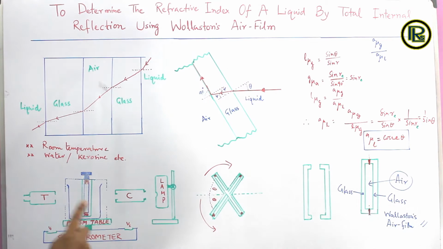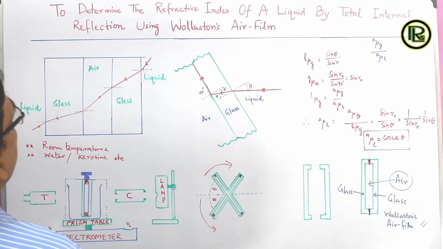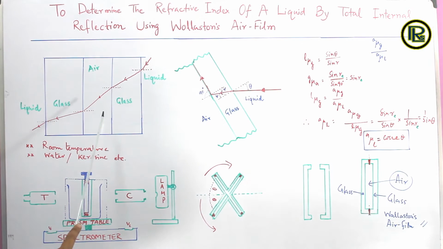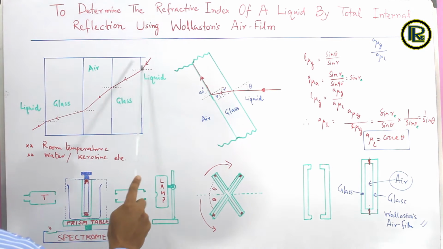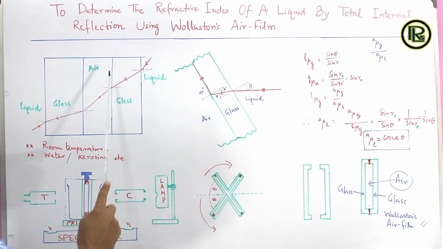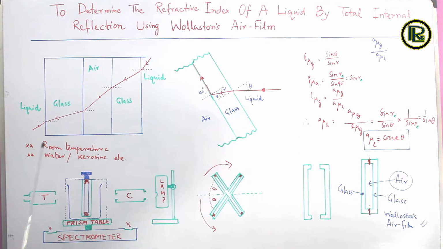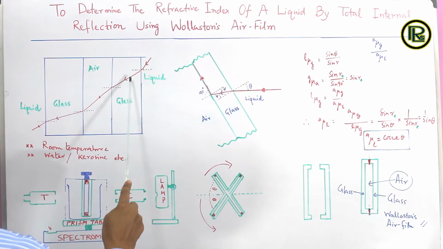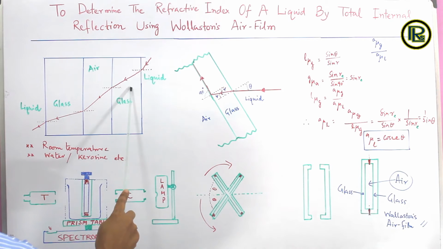As this glass medium is denser than the liquid, the refracted light will get bent towards the normal. This is the normal, this is also normal, this is also normal, this is also normal to the interface of the two media. So here this angle becomes less than this angle as this medium is denser than this medium.